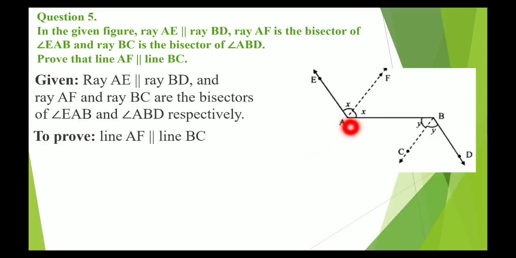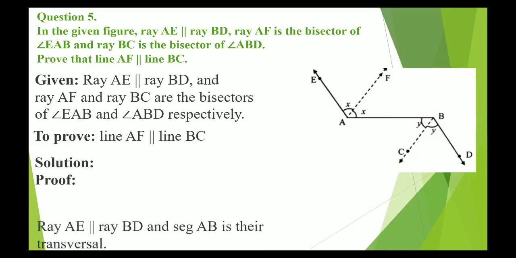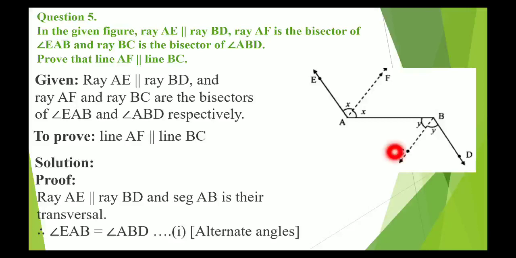To prove, I have to prove that line AF is parallel to BC. First, ray AE is parallel to BD, AB is their transversal. This is given. If these two lines are parallel, alternate angles are formed, that is angle EAB is congruent to angle ABD, that is alternate angle, Z shape.